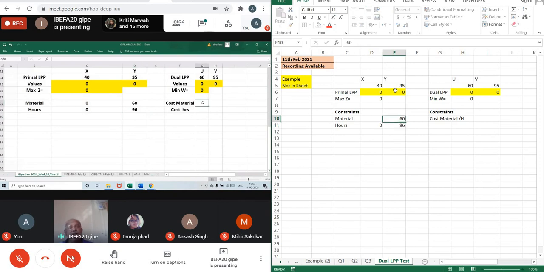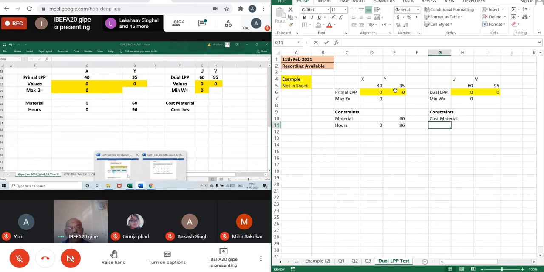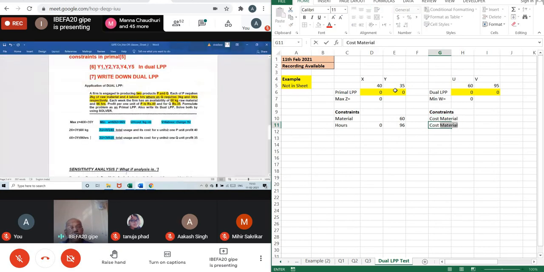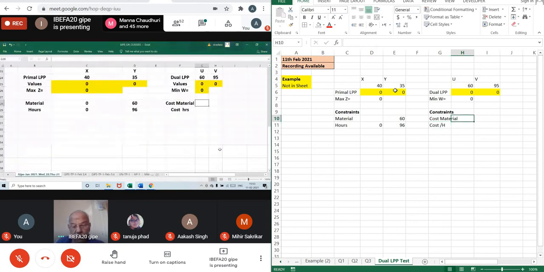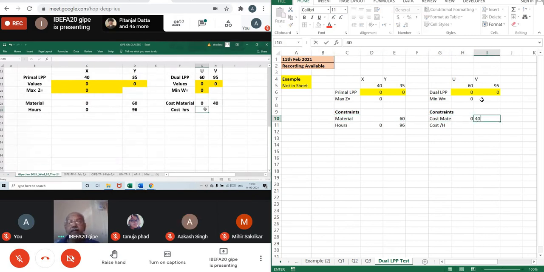Same way here cost, material, U and V. Check. 2U plus 4V. 2 multiplied by U value plus 4 multiplied by V value should not be less than per unit cost 40.